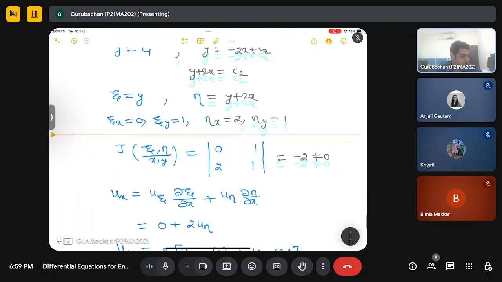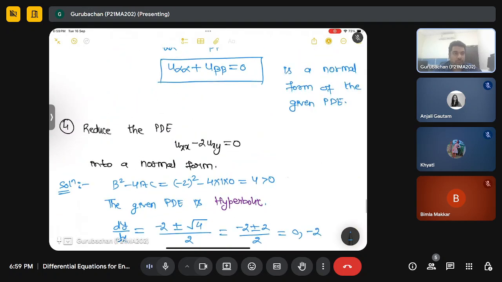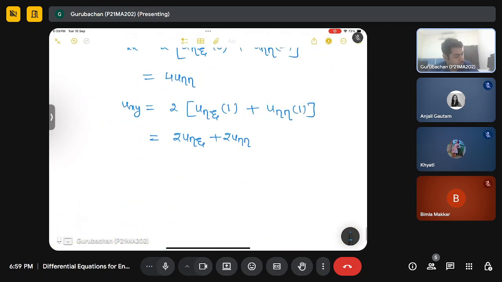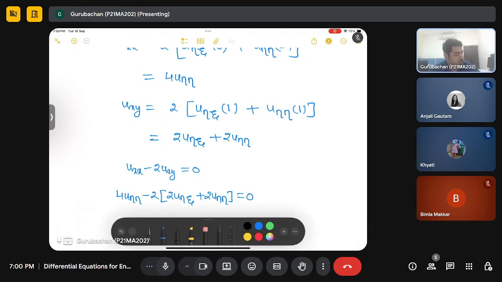Okay, so here you got the value of uxx and uxy, and your given original equation is uxx minus 2uxy is 0. So this will give us 4 times u eta eta minus 2 times u eta xi plus 2u eta eta equals 0. So let me just write it in this way.